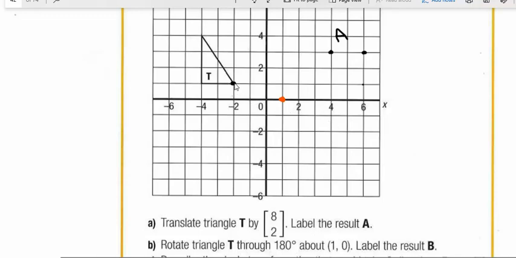Now, this corner, this point is 3 steps, and here 1, so 1, 3. It will come here.